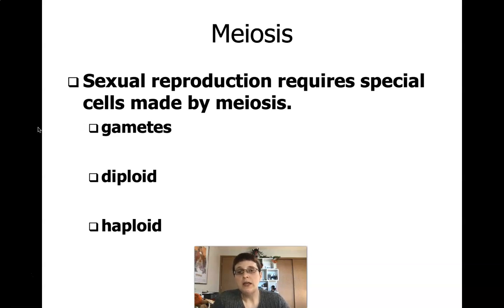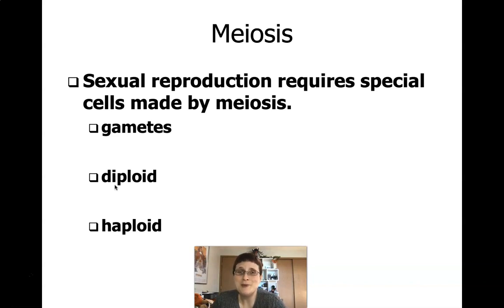So diploid, di is just like bi. Di means two. And so if an organism is diploid, that means it has two copies of each chromosome. So remember when we talked first about chromosomes a while back, I told you that humans have 23 unique chromosomes.